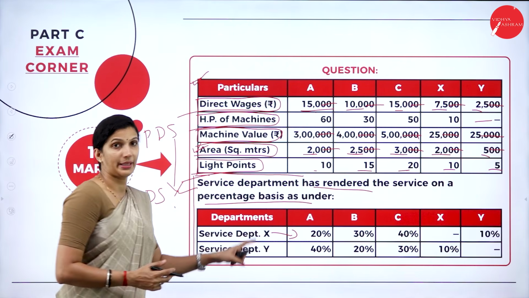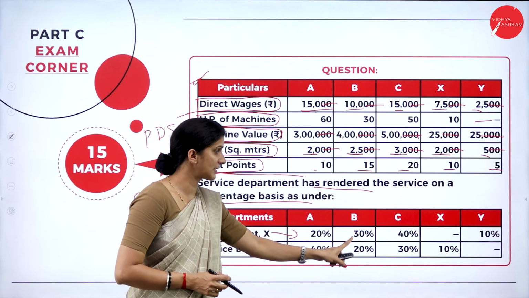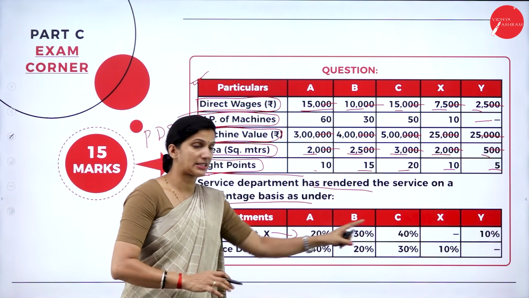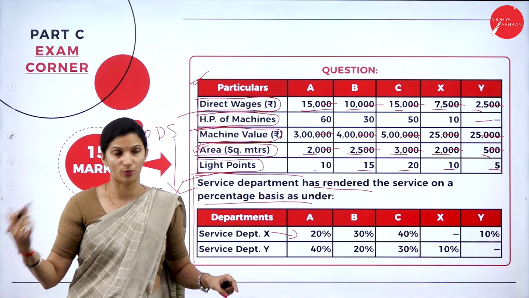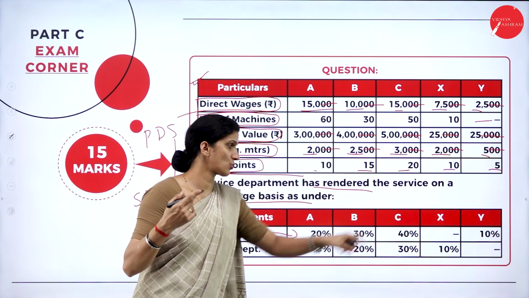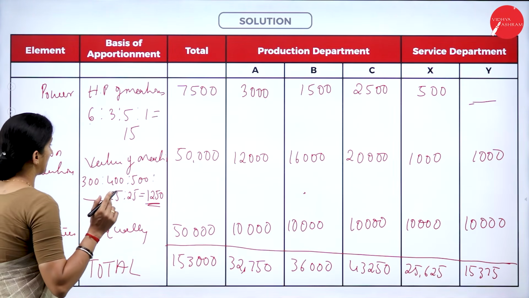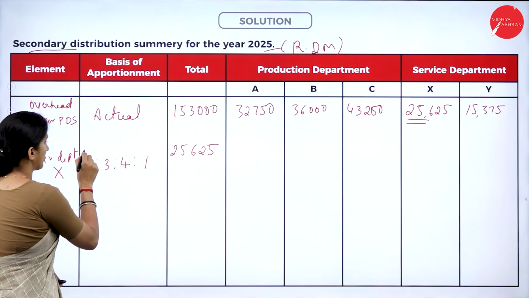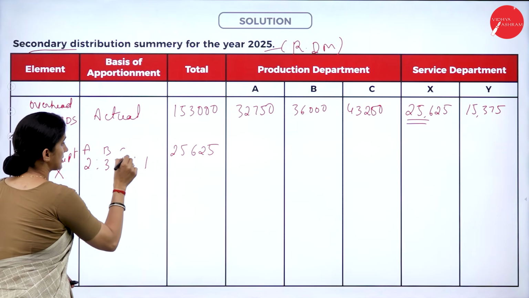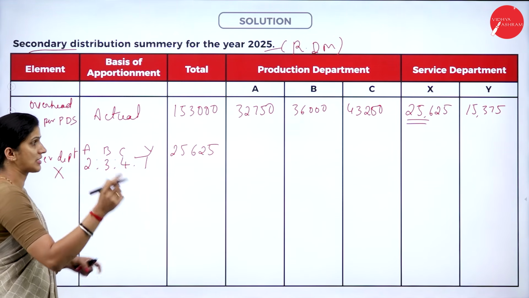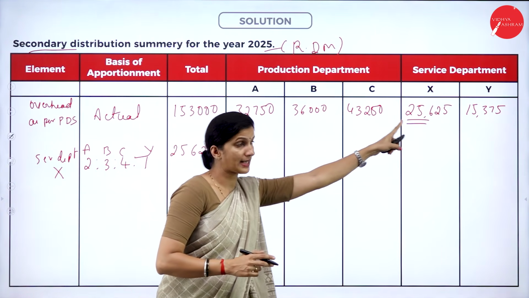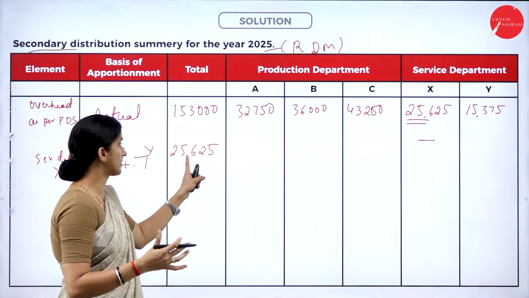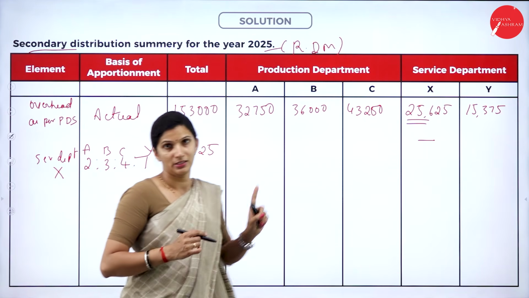For A it is 20, B it is 30, C 40, X it is nil, Y it is 10. Even though it is given in percentage, we'll simply take it as a ratio, that is 2:3:4:1. So this is for A, this is for B, this is C, and this is Y. So you will take the overhead of X and allocate this amount to all the remaining departments except X.